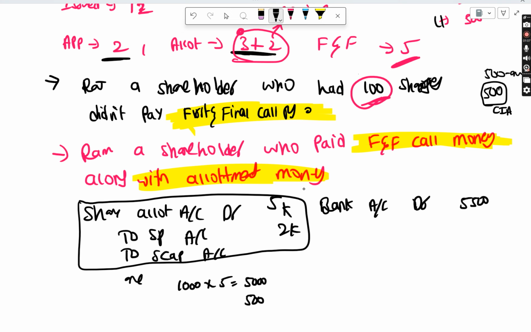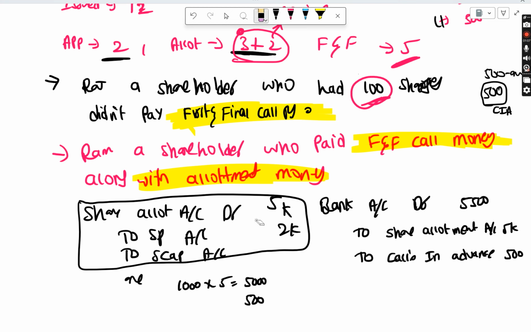Then bank account debit 5,500 to share allotment account 5,000, to calls in advance 500 rupees. Good. Now tell the next entry.